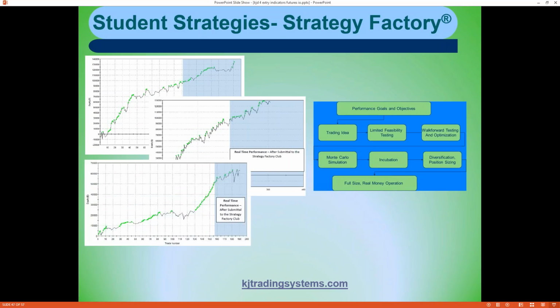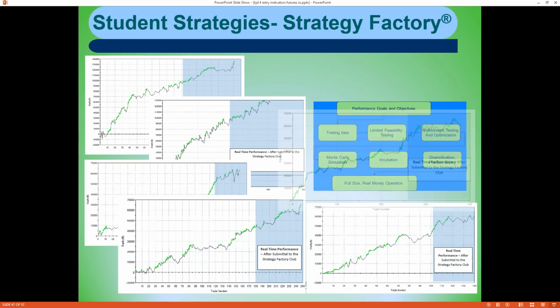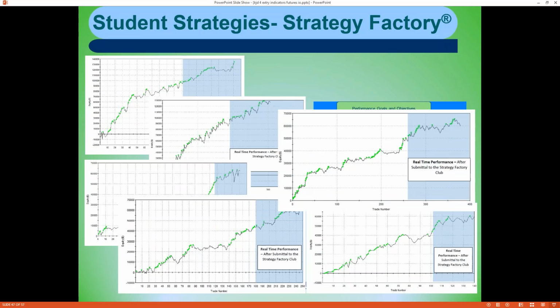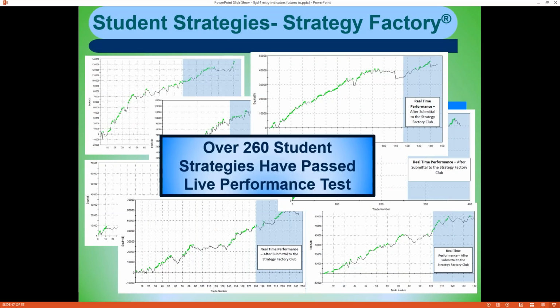And they've submitted strategies that look like this. Not every strategy looks like this, obviously, but there are some very good strategies that students have created. In fact, there have been over 260 since I started doing this that have worked really well in live testing.